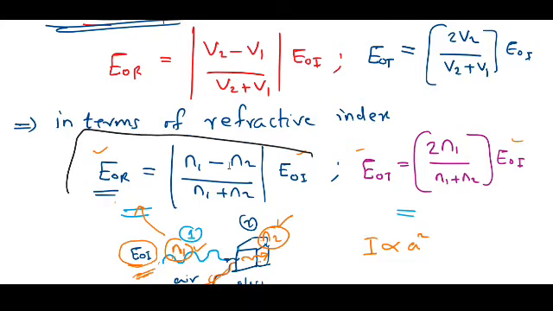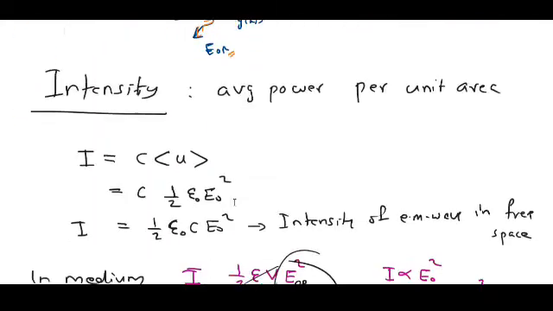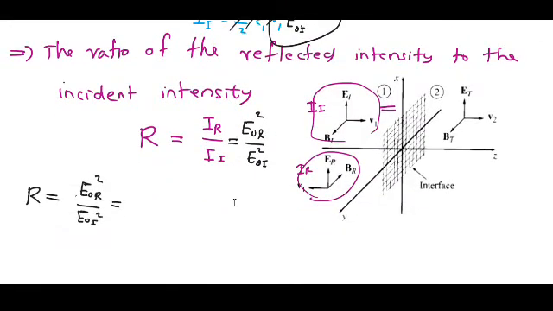E0R by E0I means that will be n1 minus n2 divided by n1 plus n2, whole square.